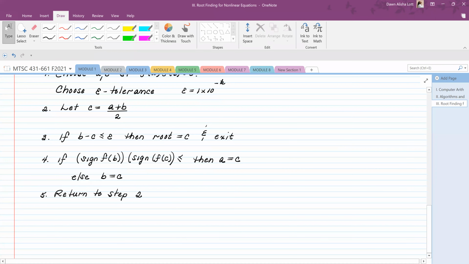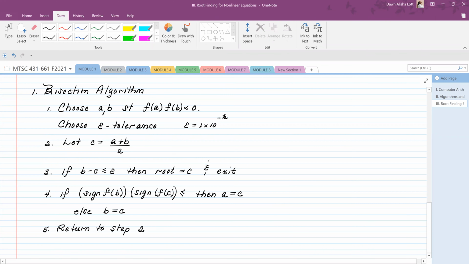In general, we want to choose A and B to be a small interval. We don't want to pick something humongous. We'd like to graph our function and then select A and B to be reasonably small, but not so small that we've basically done the algorithm ourselves.